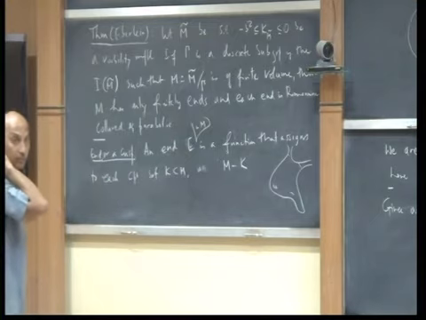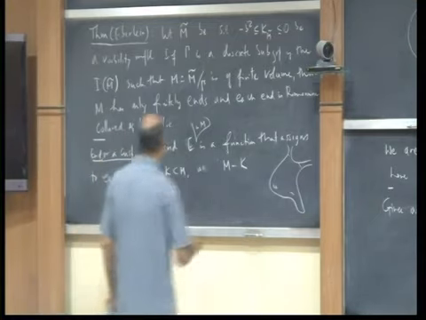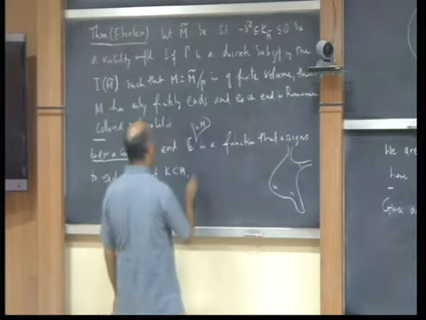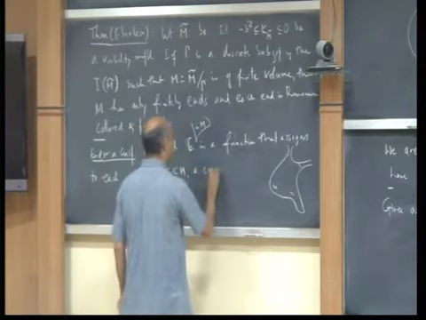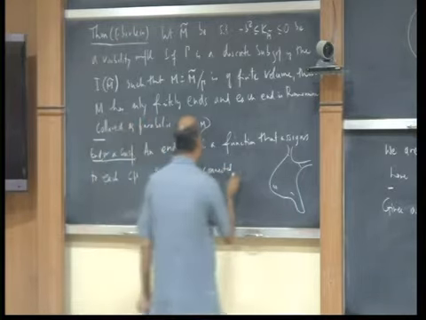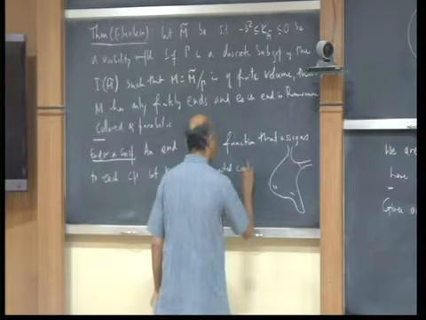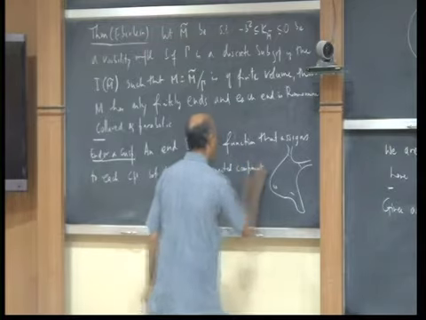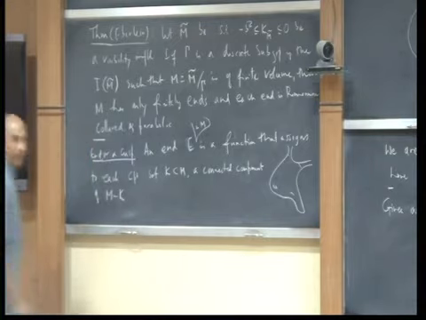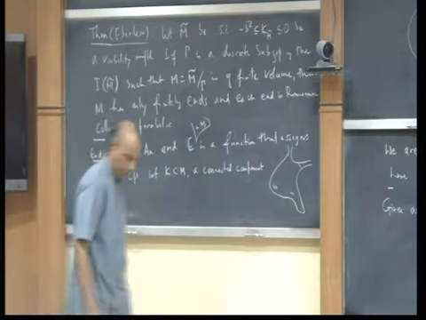An end, I'll take one particular connected component. So I can say path connected or connected, both are the same, connected component of M minus K. So in itself need not be compact.